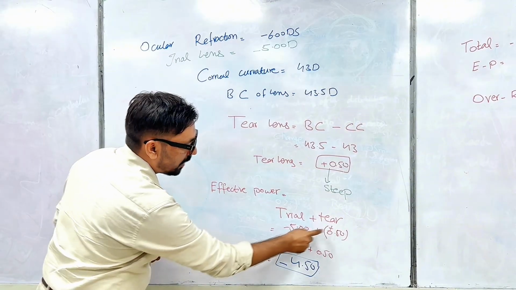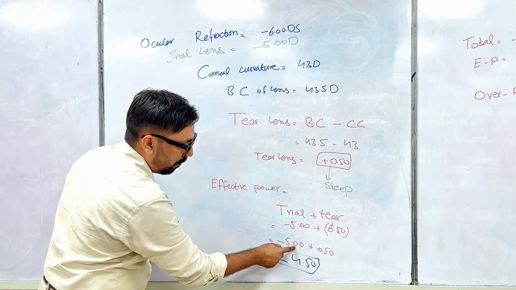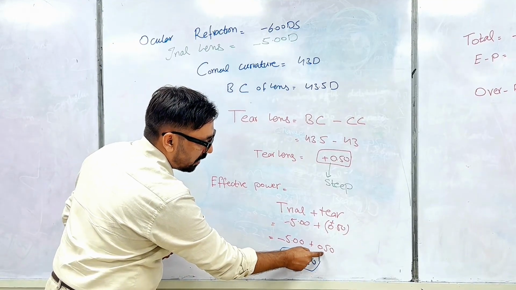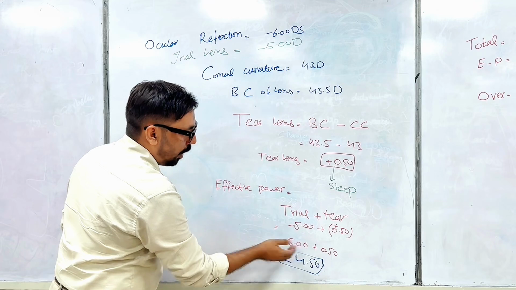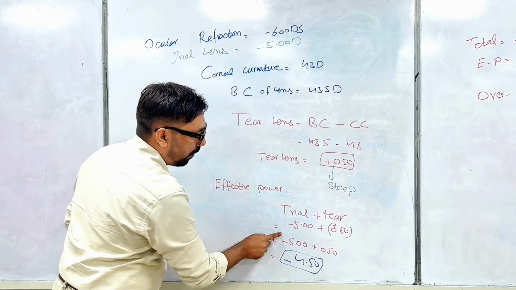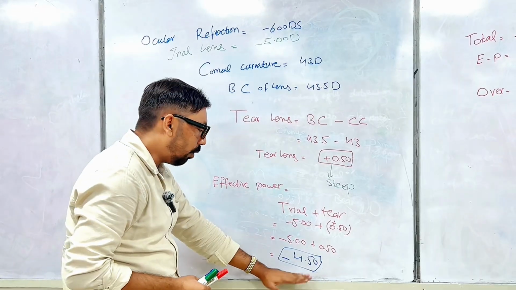So -5 plus 0.5: minus and plus gives minus, so I subtract 0.5 from 5, and the answer is -4.50.